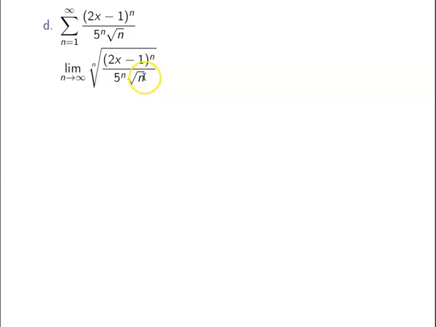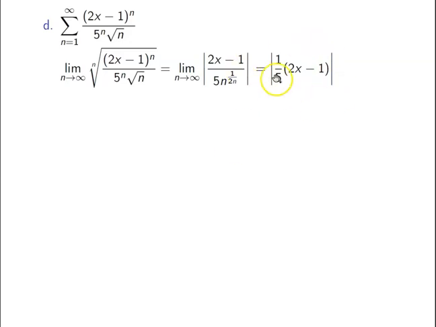This is n to the 1/2, so this will be 1 over 2n, okay, for the power. So when I go to infinity, we saw already that this goes to 1 faster than n does. So the denominator will just be 1 times 5. So this will be 2/5 times x minus 1.